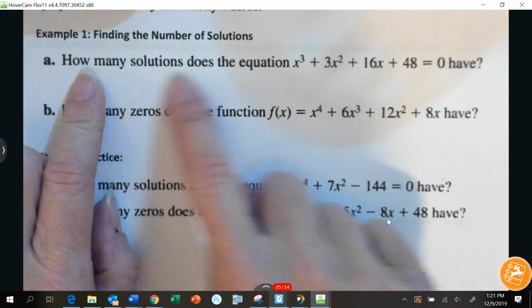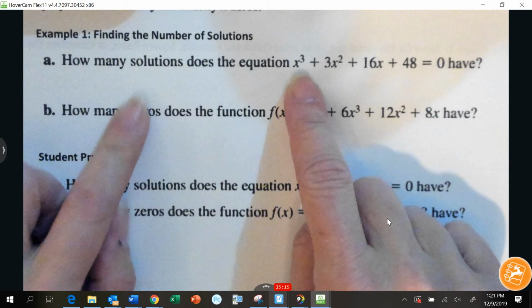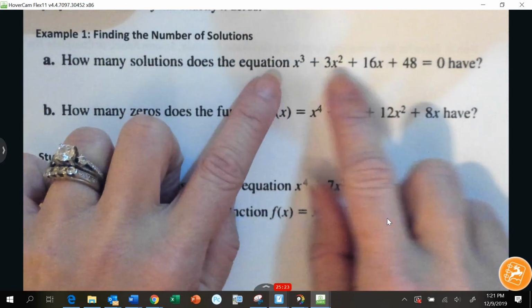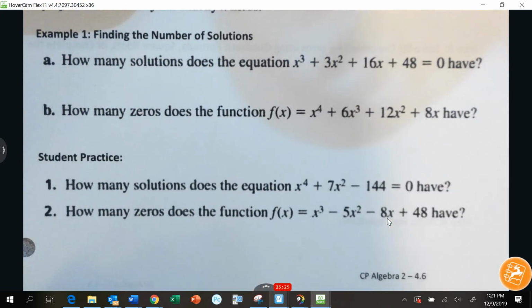Looking at question A, if I were going to find all the x-intercepts, how many could it have? Why are you saying 3, which is correct?